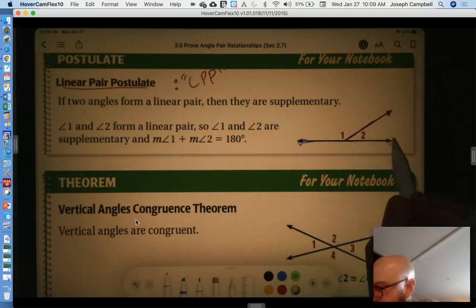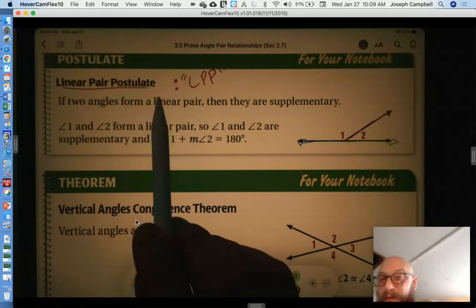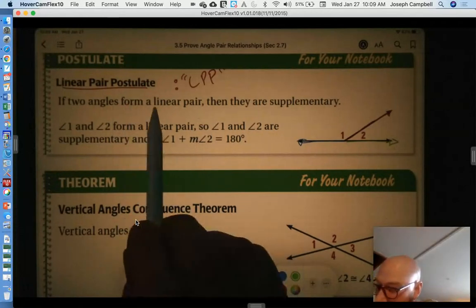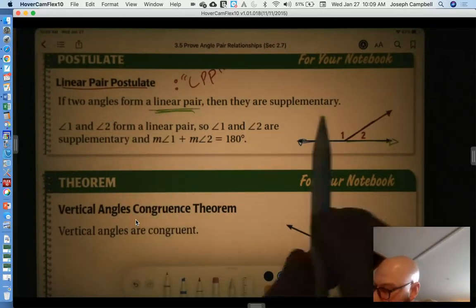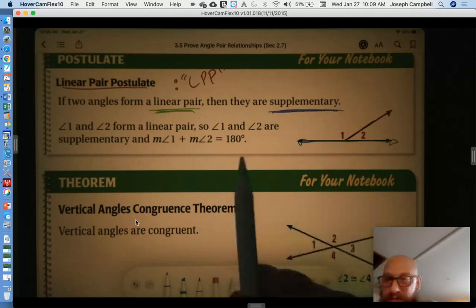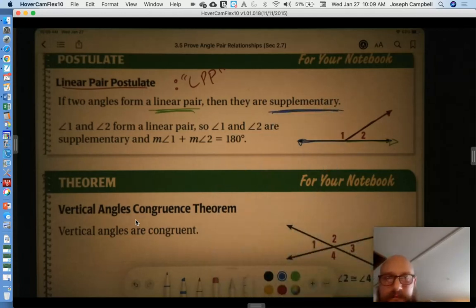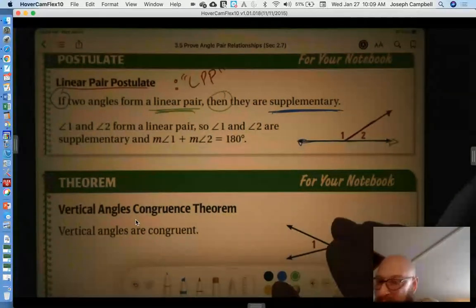Okay, that's the definition. We're using the linear pair postulate, which says that, hey, if two angles are a linear pair, then they are supplementary. Notice how this is in conditional statement form with the if and the then. Okay, so keep that in mind.